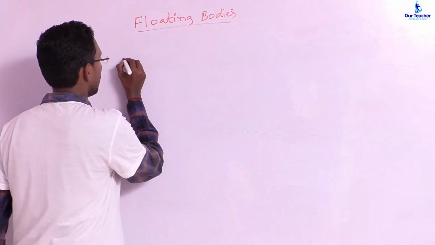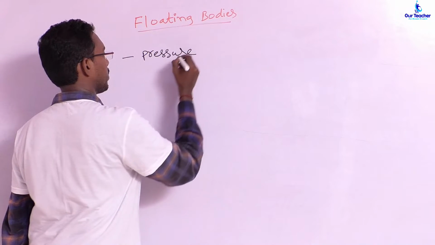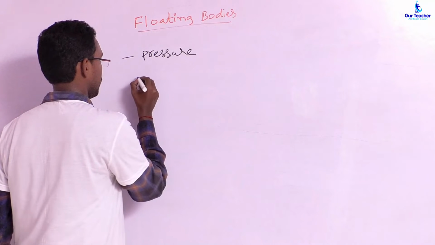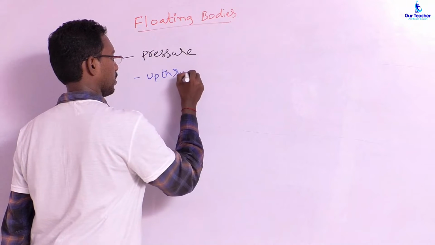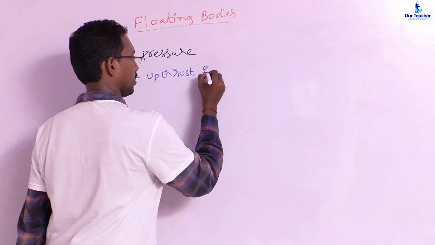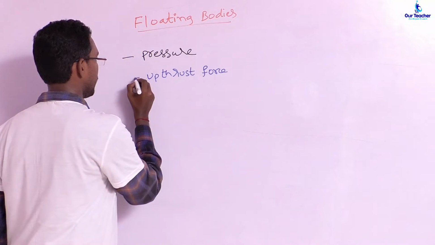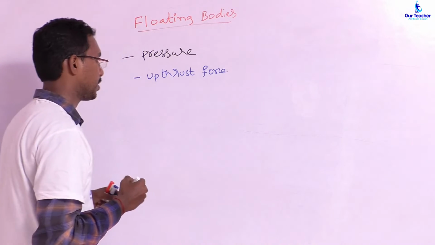So students, in the concept of pressure, we will come across another subtopic known as upthrust force, also known as buoyancy force. Later we will come across the concept of Archimedes principle, a very important principle.